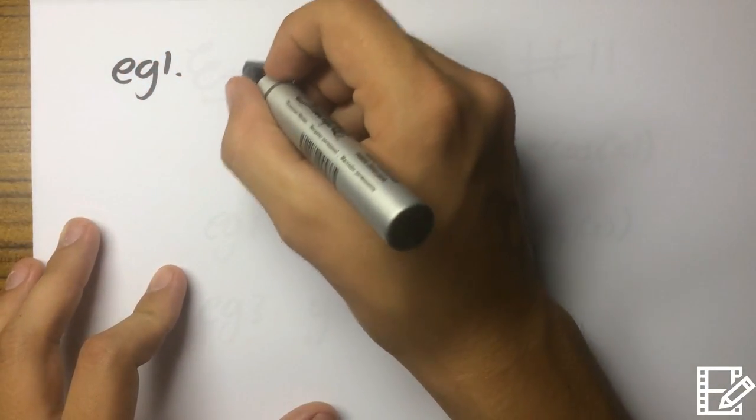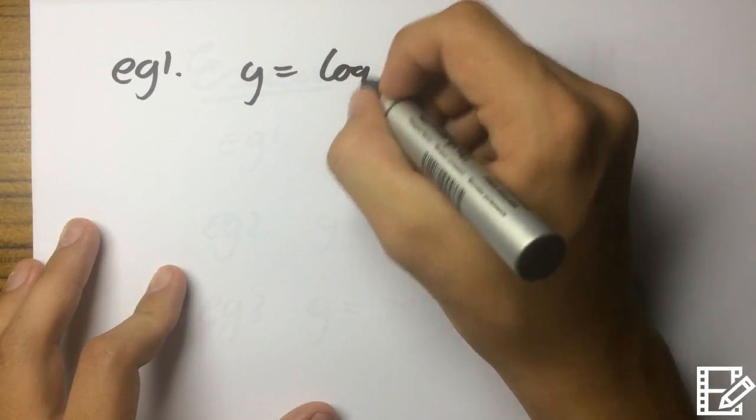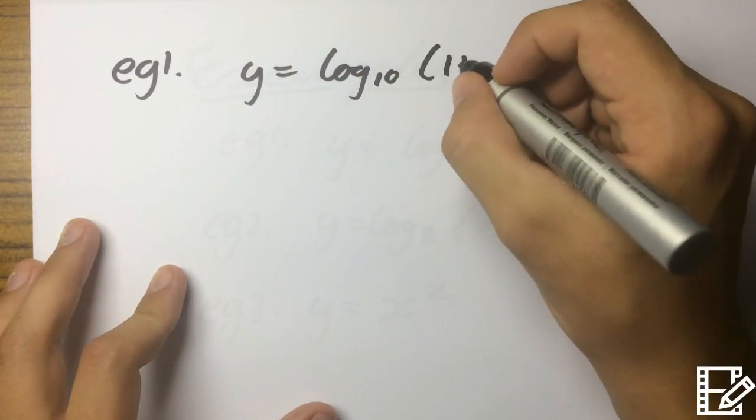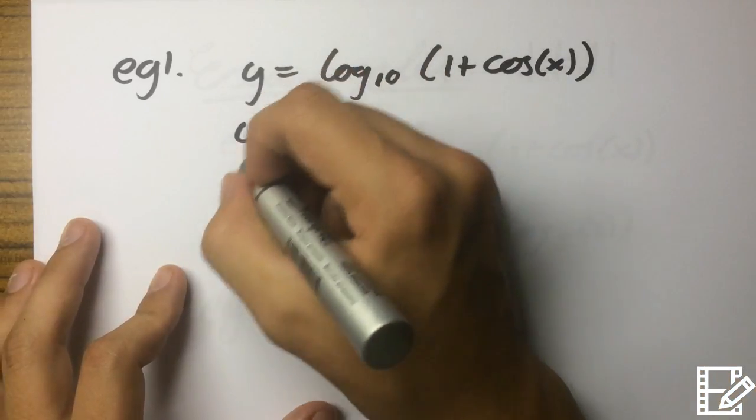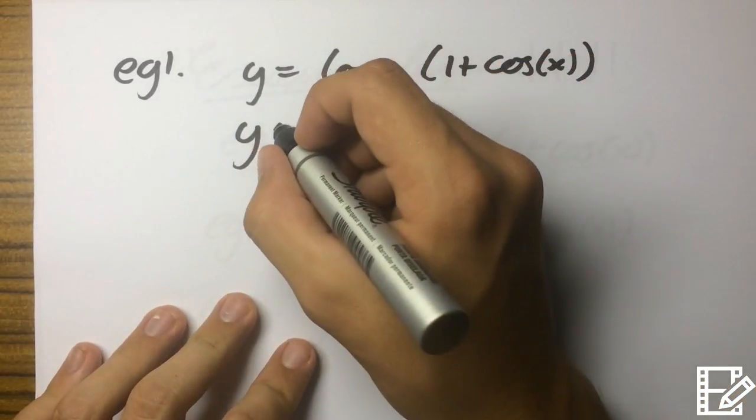Example 1, we have y equals log to the base 10 of 1 plus cos x. The derivative is very simple.